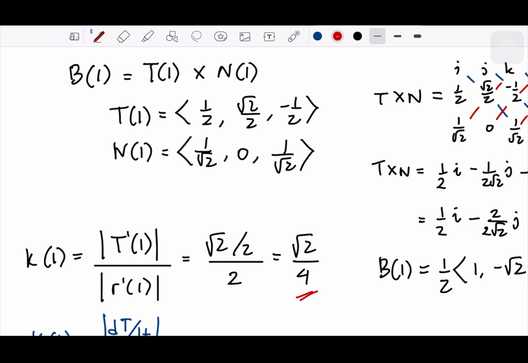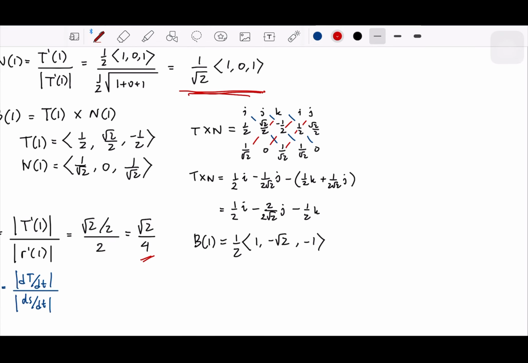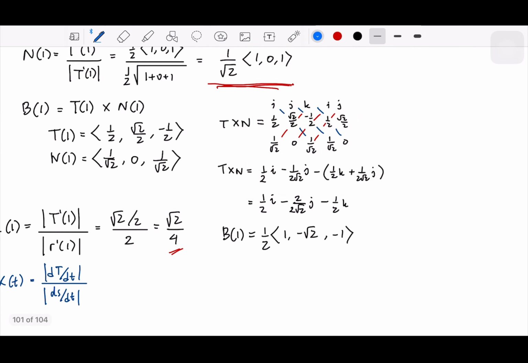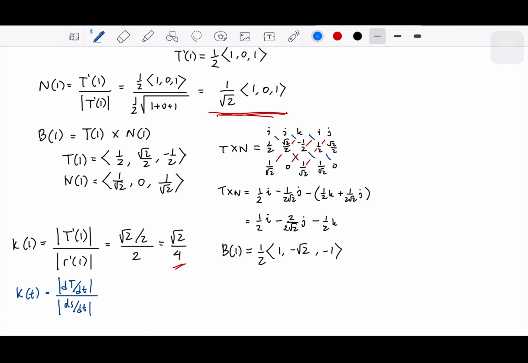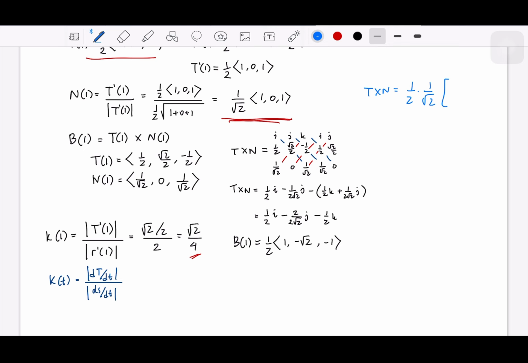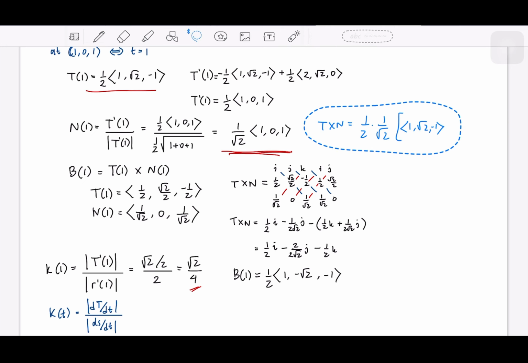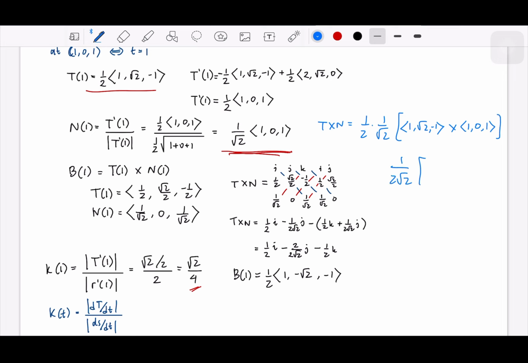I think it's too complicated for the cross. Actually, you can compute the cross, just T cross N, so half multiplied by 1 squared over 2, and then you can write down T, where's T, 1, and then cross the N, 1 0 1, so 1, and then calculate here.